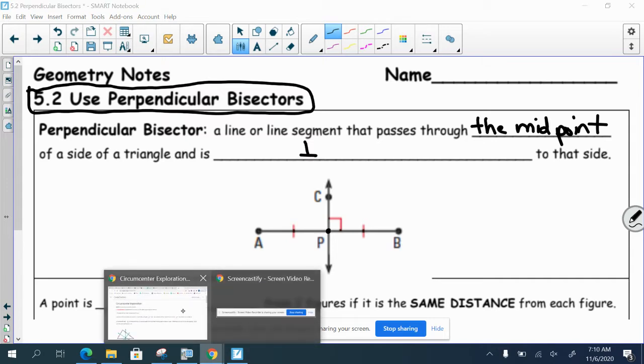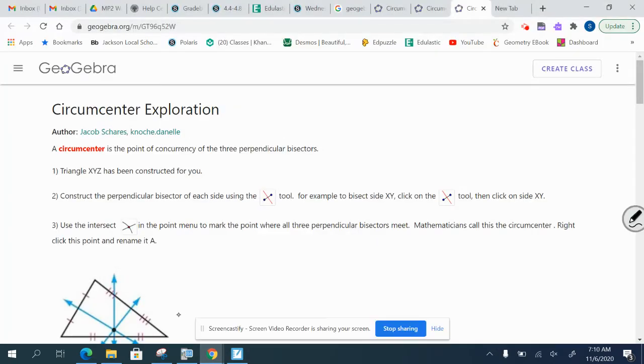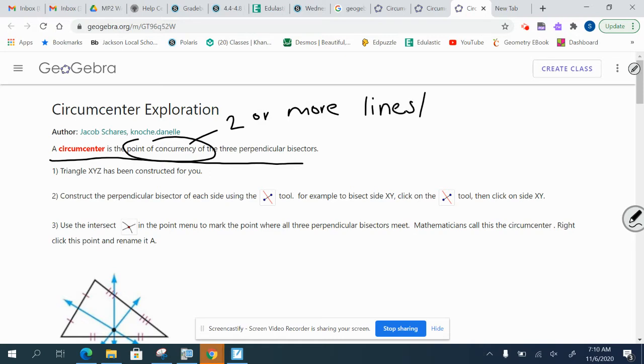So we're going to do a little discovery here of the circumcenter. Go ahead and write this down too. The circumcenter is the point of concurrency of the 3 perpendicular bisectors. Make sure you write that down. A point of concurrency is just where 2 or more lines or segments meet.